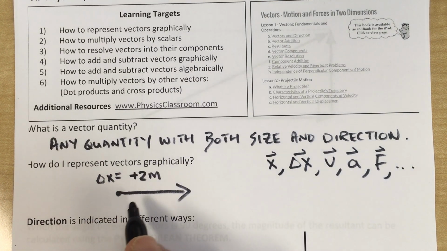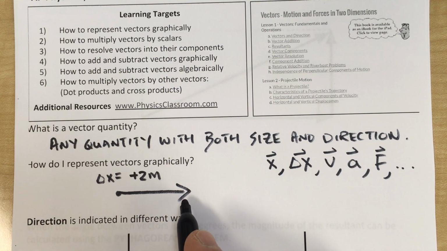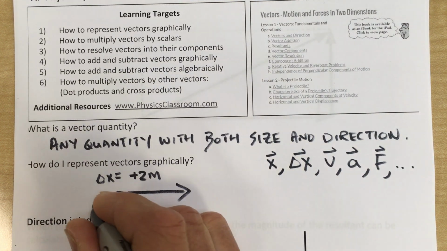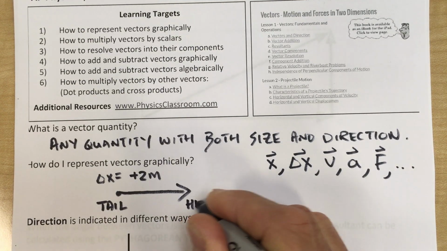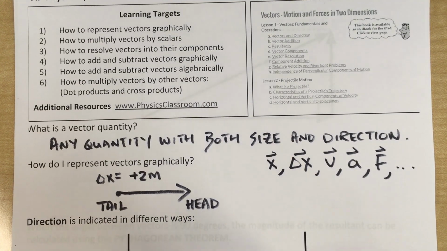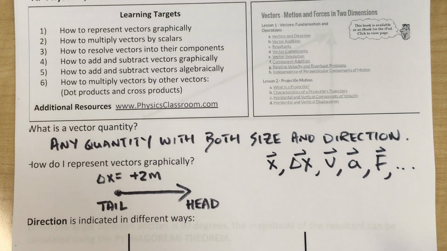I could also represent that vector with an arrow that points to the right, scaled to plus 2 meters. This end of the vector is called the tail, and this end is called the head. The arrow represents that vector nicely.